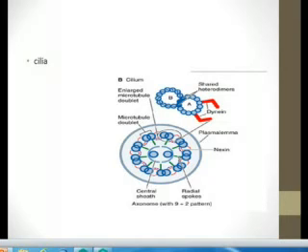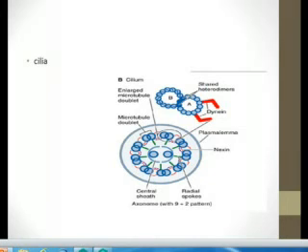However, along with the doublets, there are two singlets present in the center, and each of these singlets, and the doublets at the periphery, also have sheaths. So the cilia has this sort of structure, and at the base of each cilia there is the organizing center, which is the basal body.